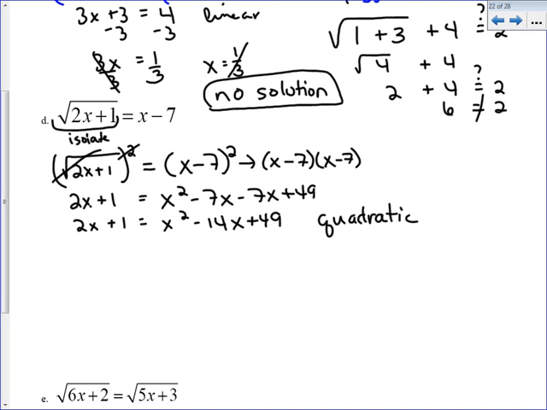Okay, do I want to take everything to the left or everything to the right? Everything to the right. Yeah, I've got that 1x squared, which means when I get to my factoring, I'm golden. So I'm going to take that 2x and that plus 1 over. So I'm going to do a minus 2x and a minus 1. So I'm looking at 0 equals x squared minus 16x plus 48.